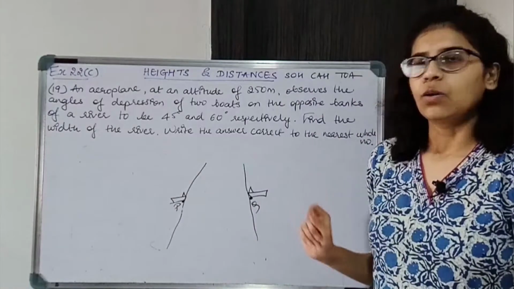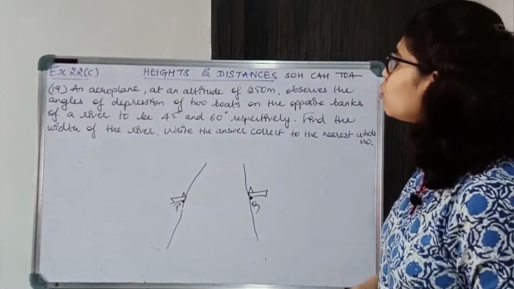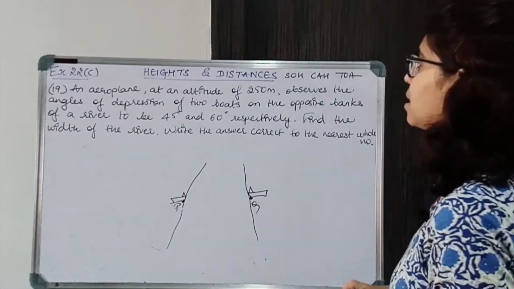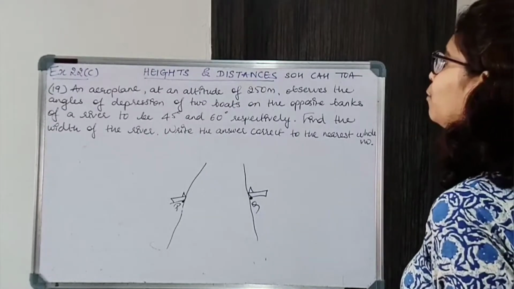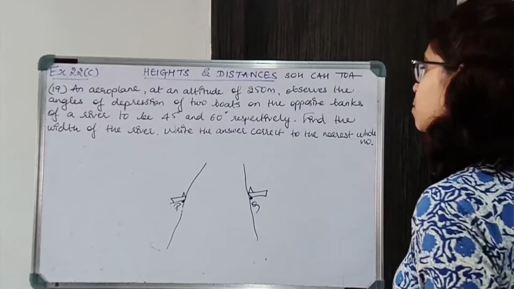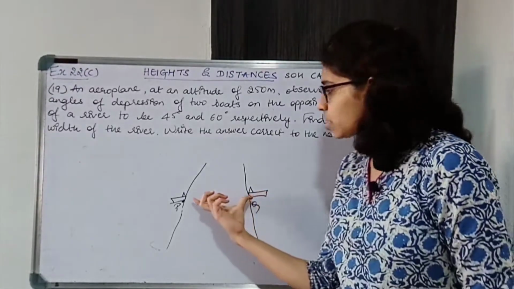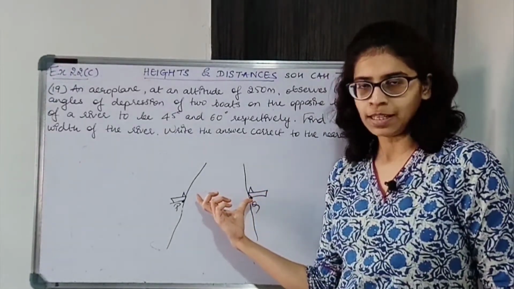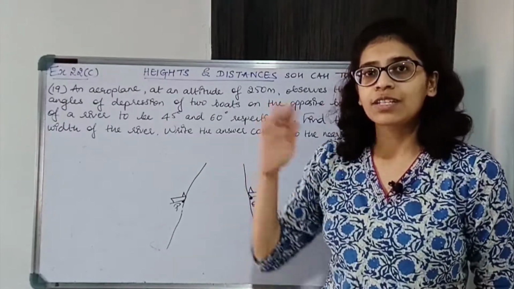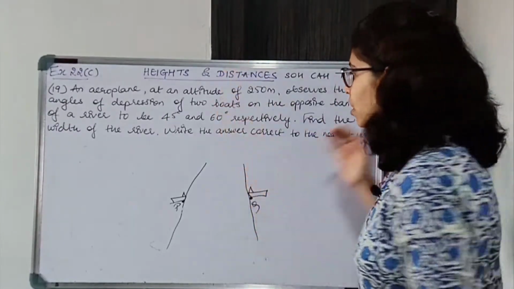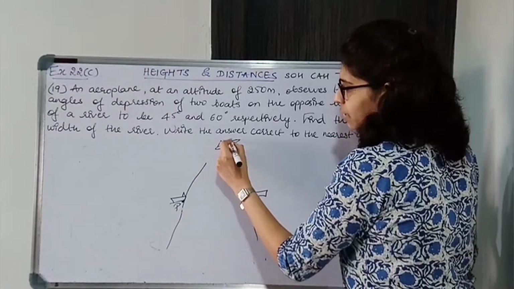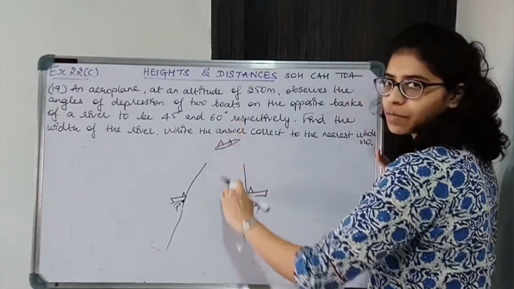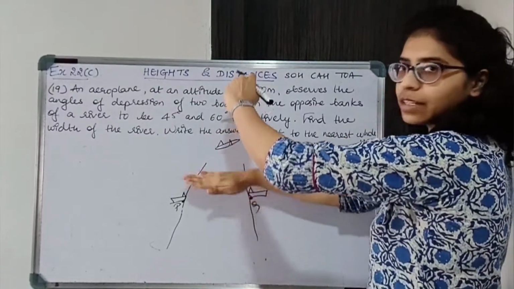Now an aeroplane at an altitude of 250 meters observes the angles of depression of two boats on the opposite banks of the river to be 45 degrees and 60 degrees respectively. Both the boats are being observed from an aeroplane which is at some height, and the river is at a lower level.